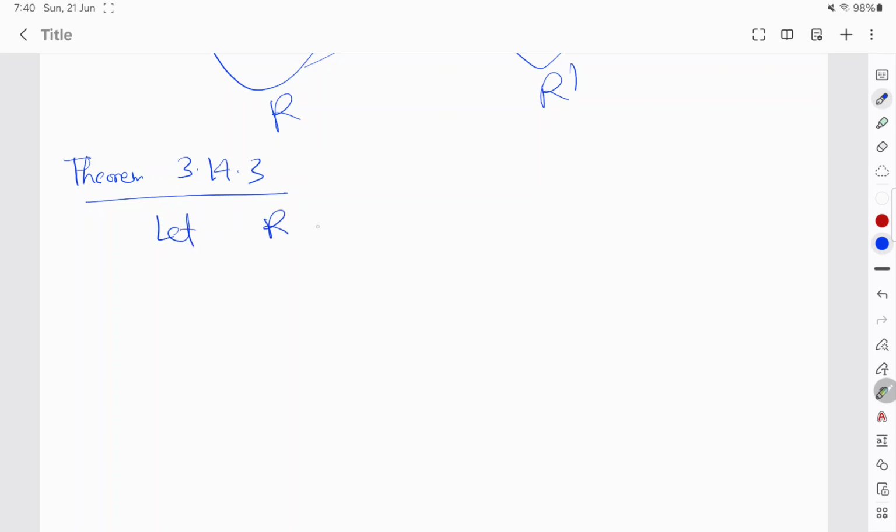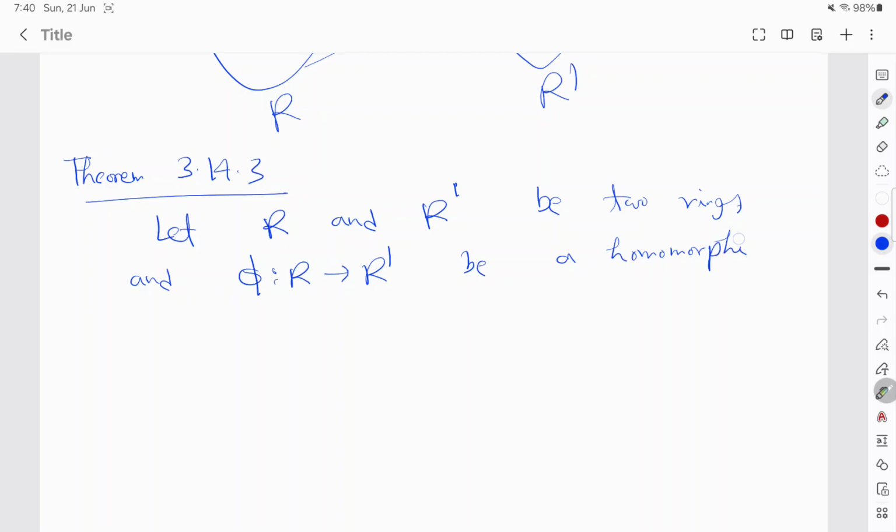Let R and R' be two rings and phi from R to R' be a homomorphism. Then phi of R is a subring.